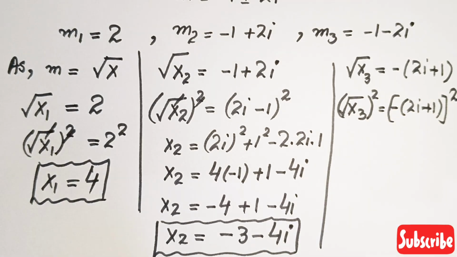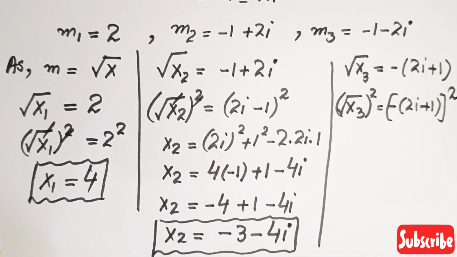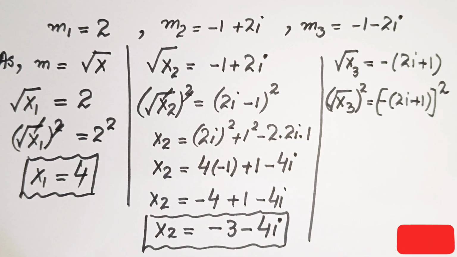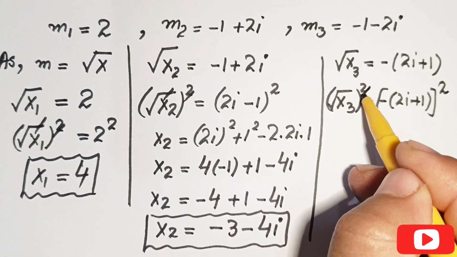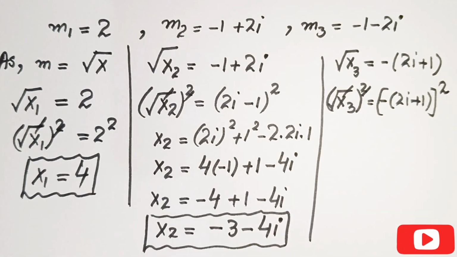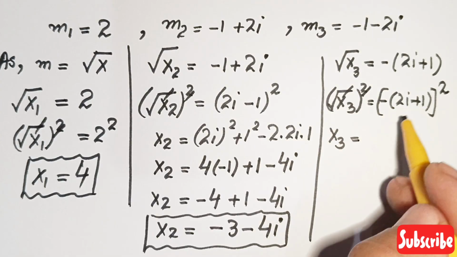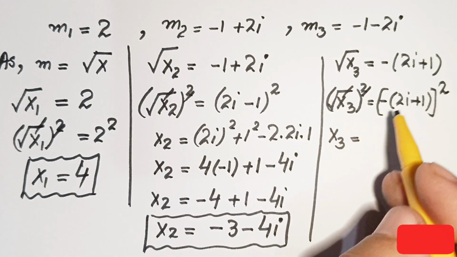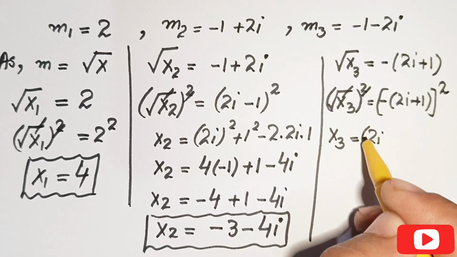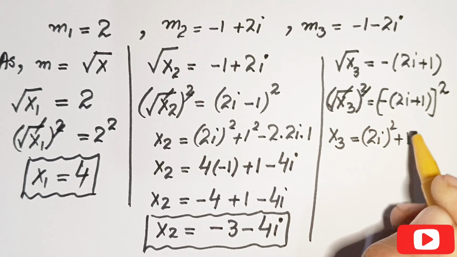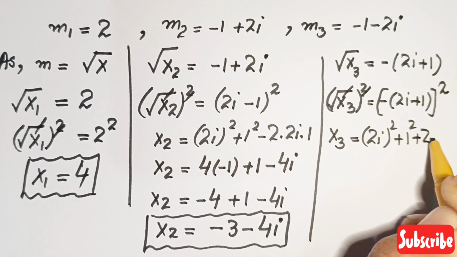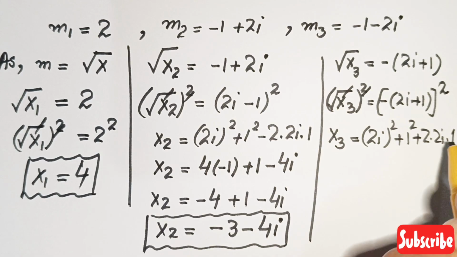The square cancels with the square root, and minus squared is plus, so a plus b whole squared is a squared, which is 2i squared, plus b squared, which is 1 squared, plus 2 times 2i times 1.